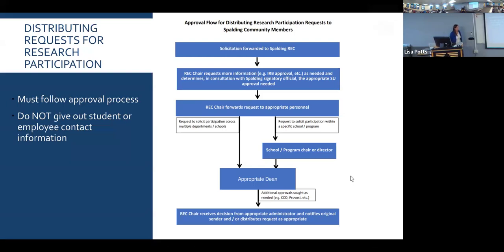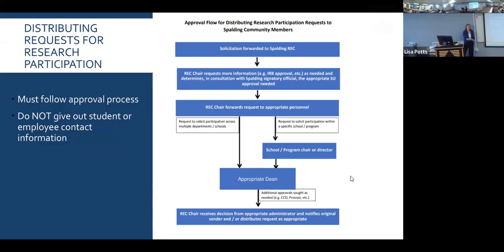Also, this is kind of a newer thing that's been coming up a few times too. From the REC side, we are not going to approve a proposal that involves a recruitment strategy of requesting student contact information.